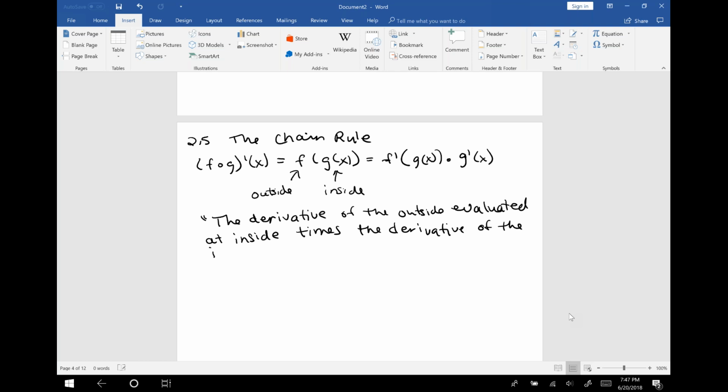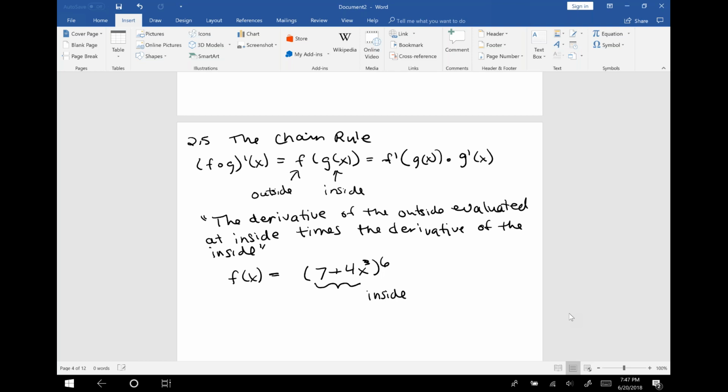So hopefully you've had a chance to try some of these problems. So for example, if you have this function f of x, and let's say that it's equal to 7 plus 4x cubed to the 6th power, you can see that there's two functions to this. We have this inside function.